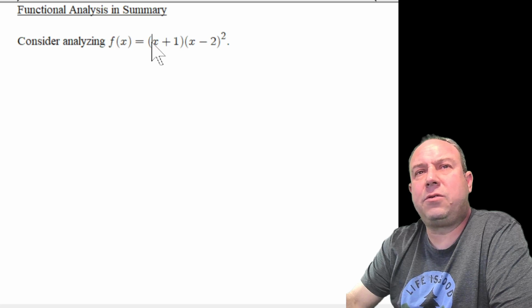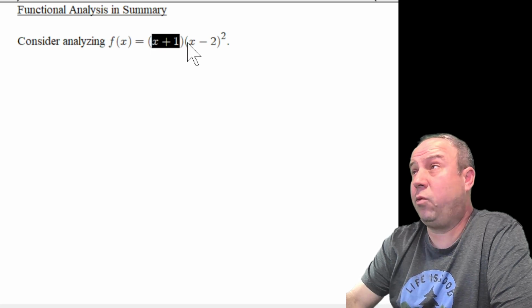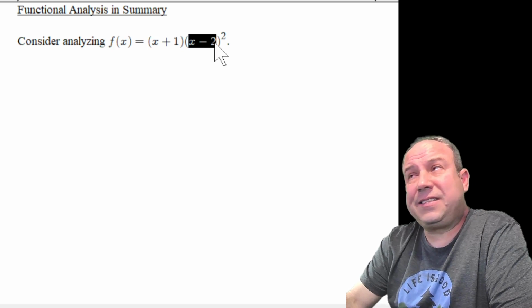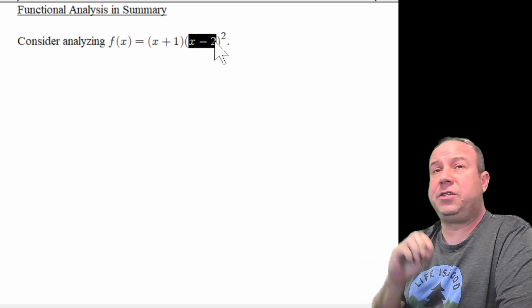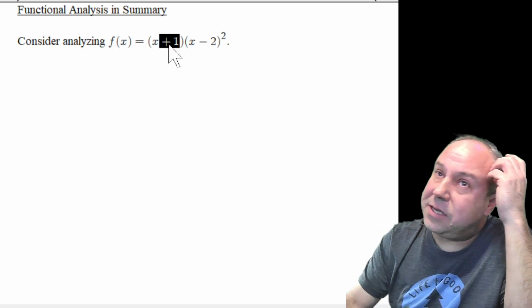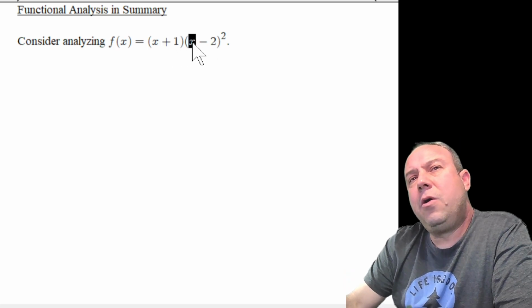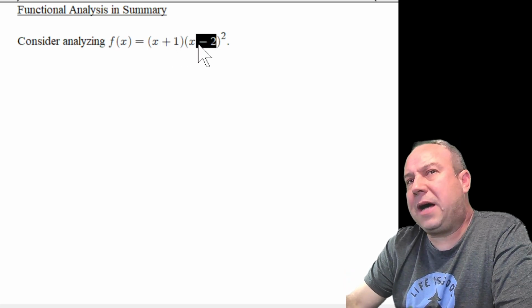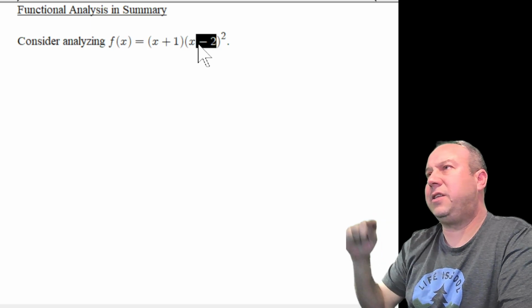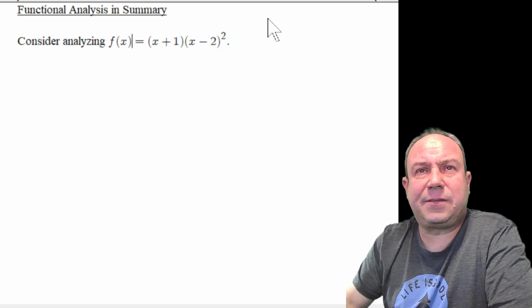Those x-intercepts will be, from the first factor, at x equal to -1, and from the second factor at x equal to 2. More specifically, at the x-intercept of -1, we will cross through the x-axis, whereas at the x-intercept at +2, we will just touch the x-axis and bounce.